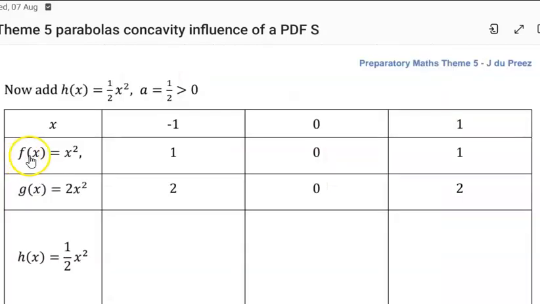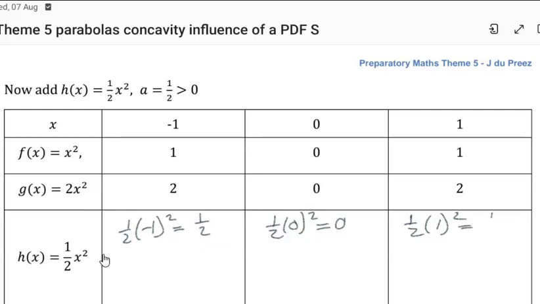I've again repeated the values for f and for g. And now we're going to compute for h. So if we take h, we take a half times minus 1 squared, then we get plus a half. If we take 0, then we get 0. And if we take a half times 1 squared, then we get a half.